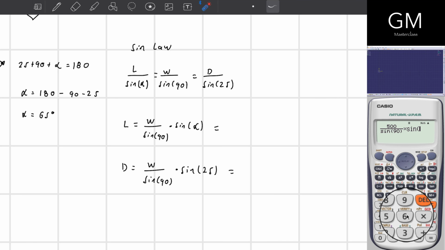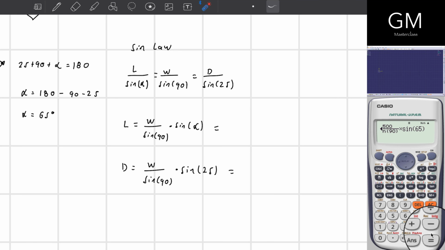In this case, alpha is equal to 65. Okay, so L, the lift, is equal to 453.1538. I always use 4 significant digits after the comma, and these are pounds.